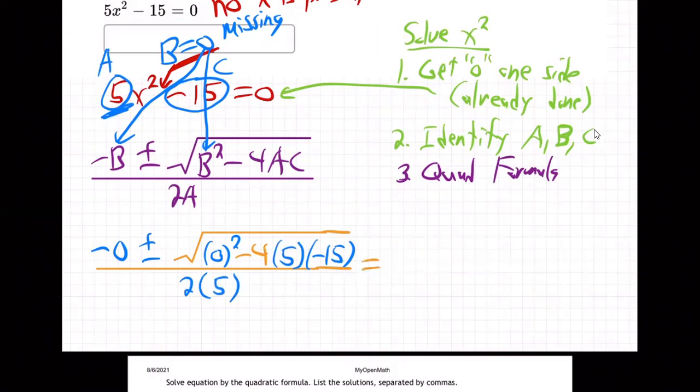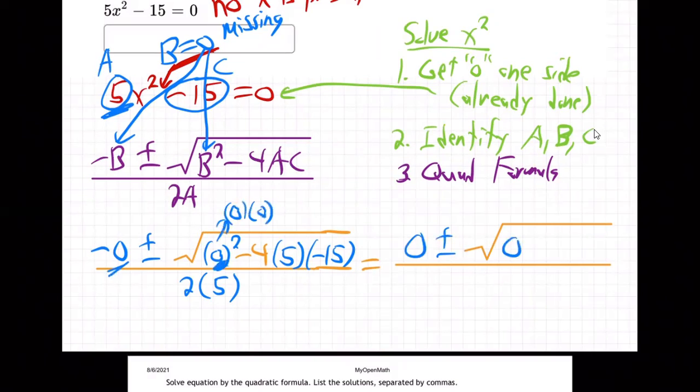So that equals, what are we going to get? Well, negative 0, that's just a weird way to say 0. Plus or minus, and 0 squared, that means 0 times 0, that's just 0. And now, here's a part that can trip up some people. Negative, positive, negative.